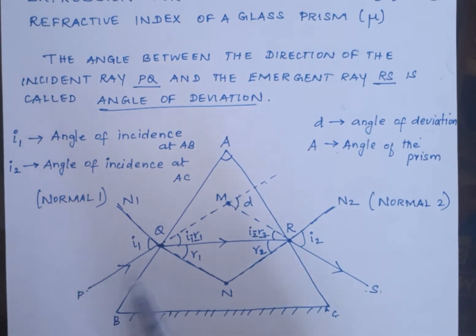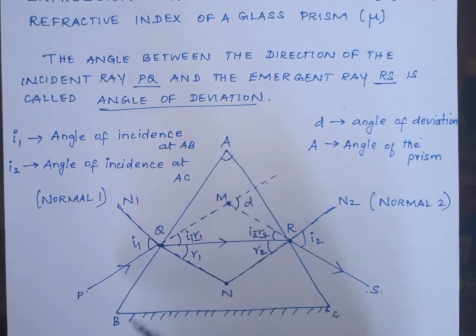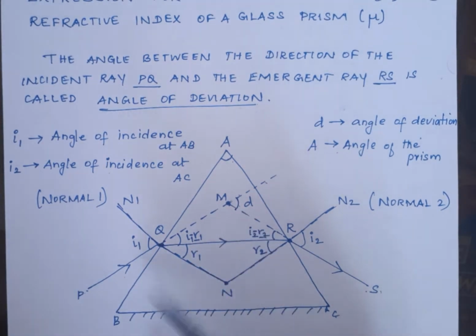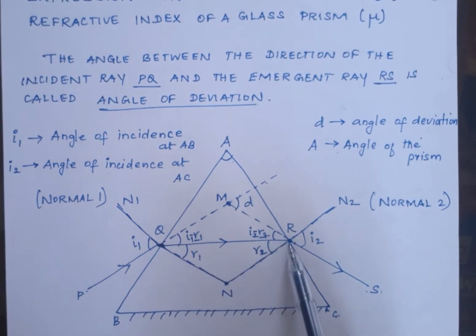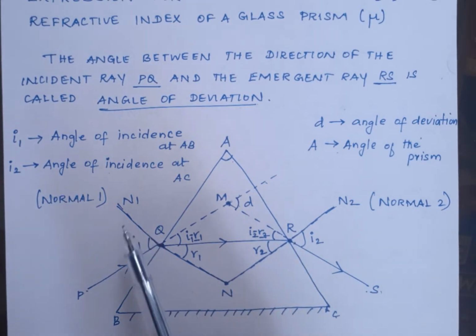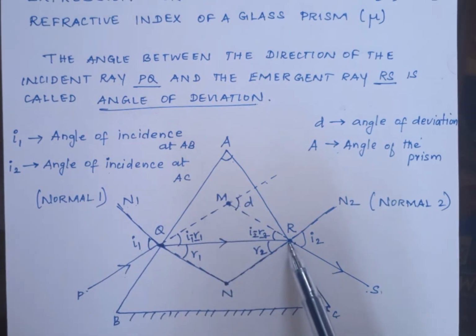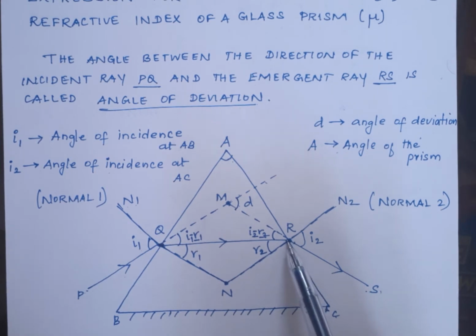Now the ray PQ, which is falling on the side AB, is refracted through QR. Now draw the normal to the face AB. Let N1 be the normal for the face AB. I1 is the angle of incidence for the face AB. Then this refracted ray, after reaching the point R, again encounters another medium.